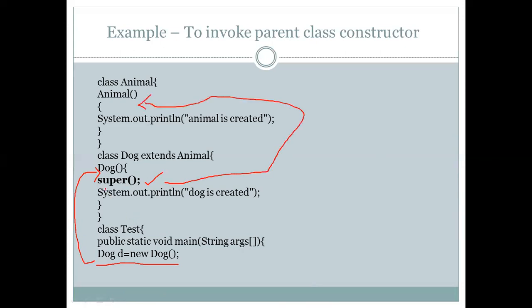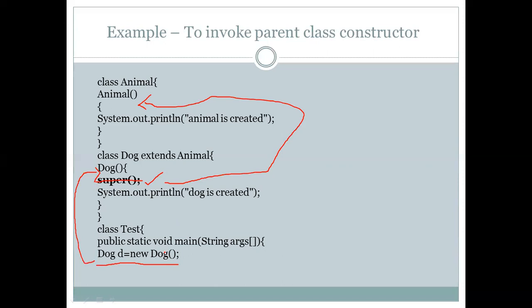Right? Now giving super like this is optional. You may give or you may not give. Even if you do not give super, automatically the parent class constructor will be invoked first, and only then whatever is given within the child class constructor will be executed.